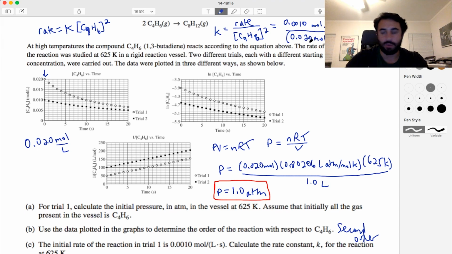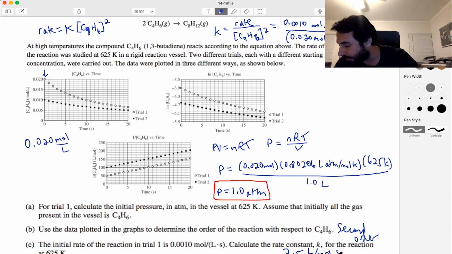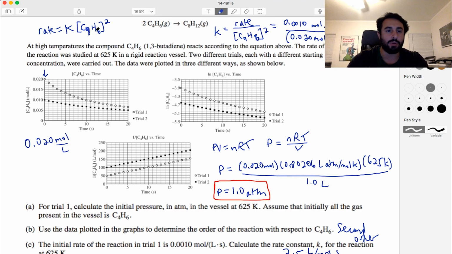If we plug that in the calculator, we end up with 2.5 liters over moles seconds. So that is going to be the rate constant. We wrote out the rate law, and then we plugged in some values, and we got K there. So that's a nice, easy one, or pretty straightforward anyway, regarding some integrated rate laws, one ideal gas calculation, and then rate law and calculating the rate constant.